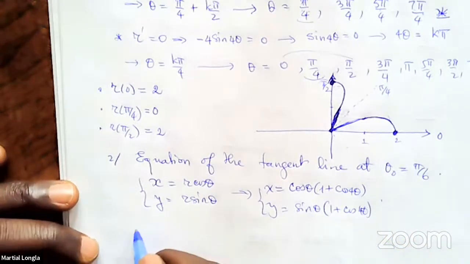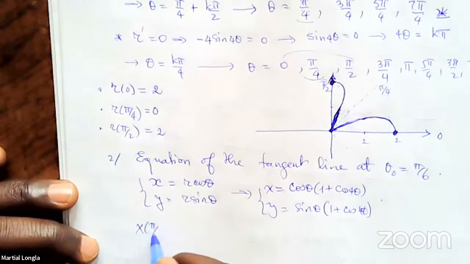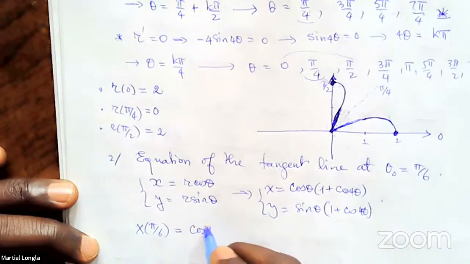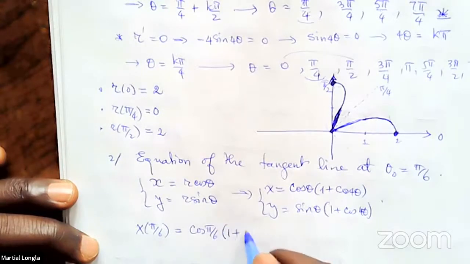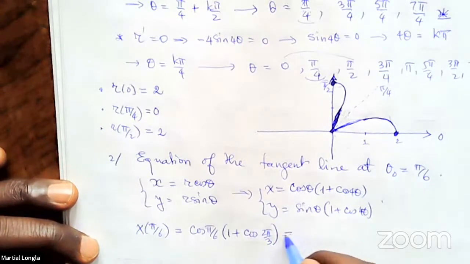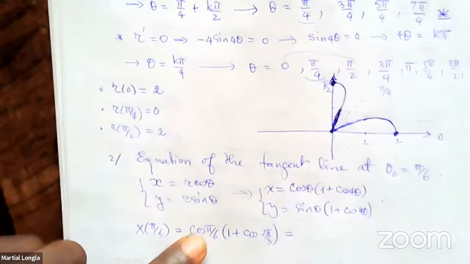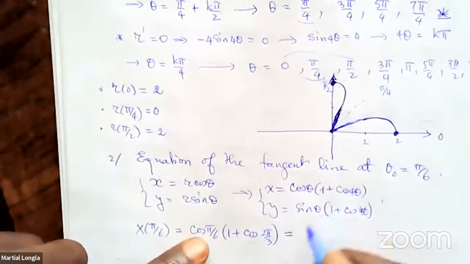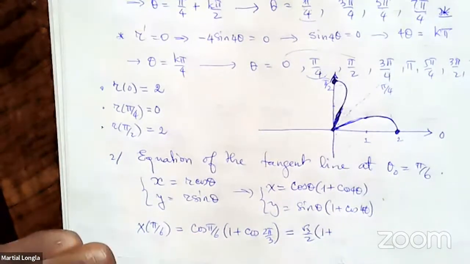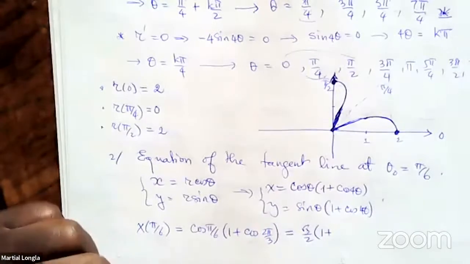And then you find x of pi over 6, that's cosine pi over 6 times 1 plus cosine of 2 pi over 3. What's the cosine of pi over 6? Root 3 over 2, times 1 plus cosine of 2 pi over 3, which is minus 1/2.